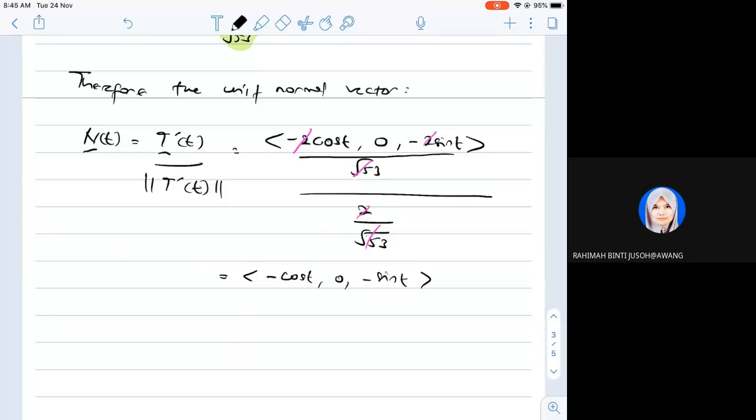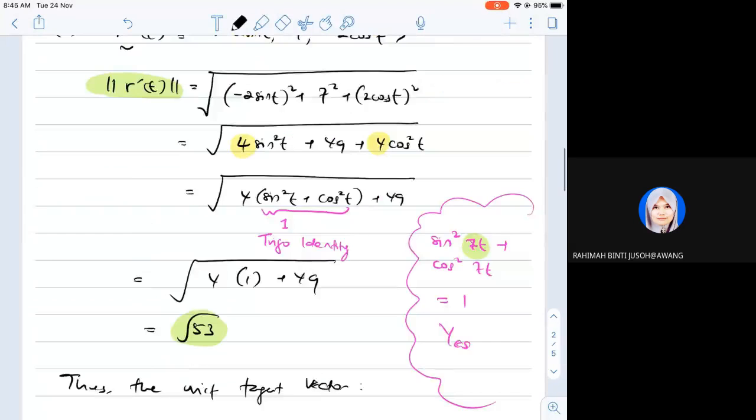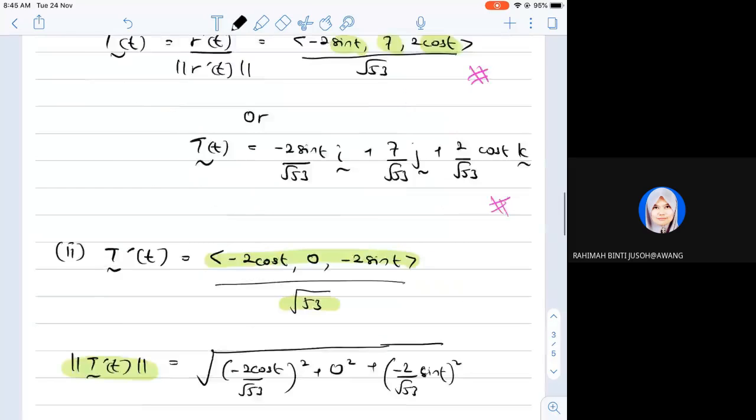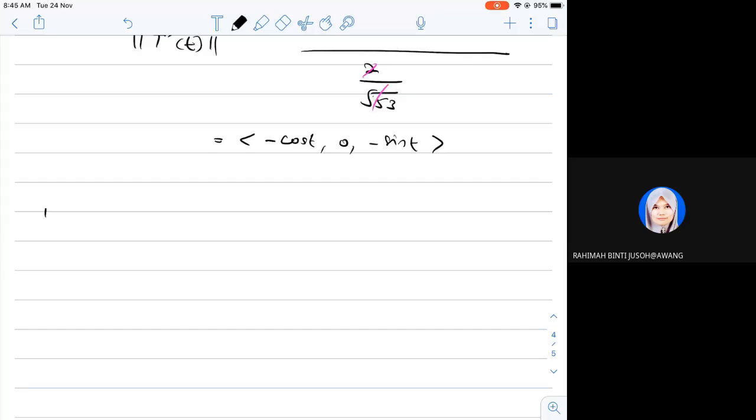Okay. So next, the question asks you to calculate the binormal vector. Question number 3.